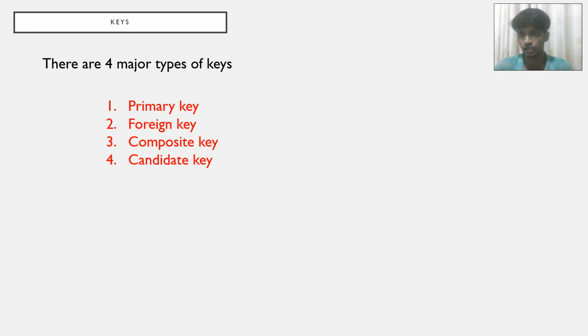Those are also key attributes, but we are only looking for these 4 types, because in ER diagrams and SQL servers we only need these types of keys. Basically, we are not going to use candidate key either, because candidate key is just a term. Generally, we just use primary keys, foreign keys, and composite keys.